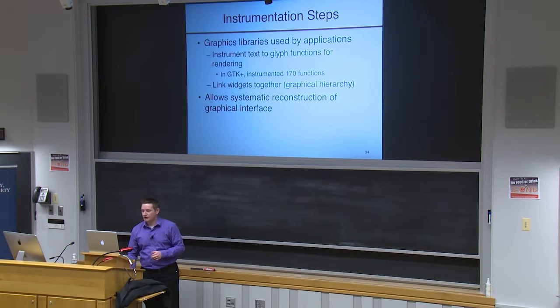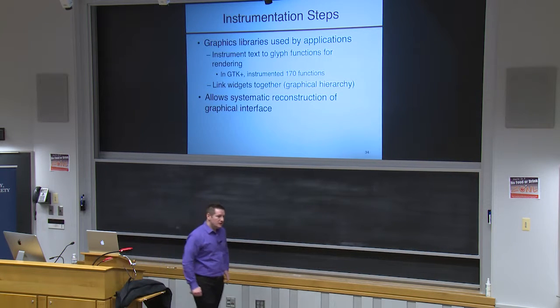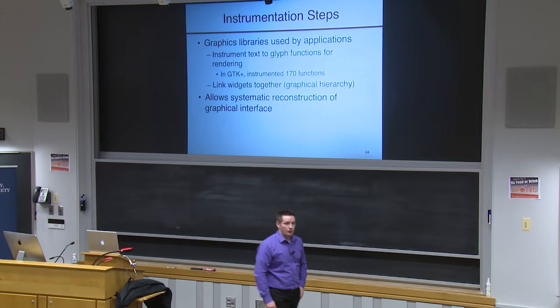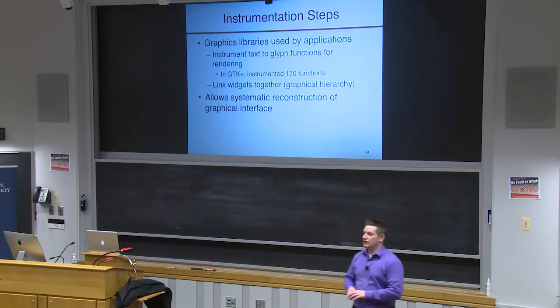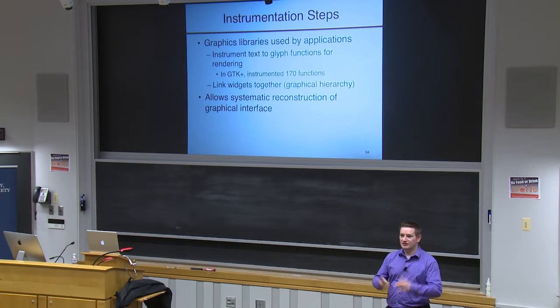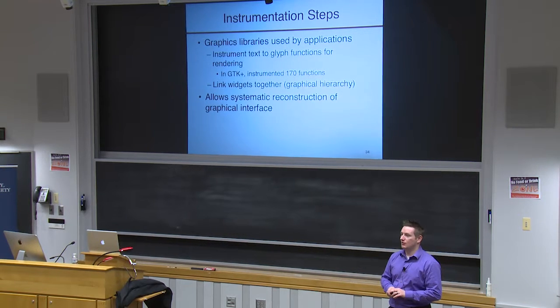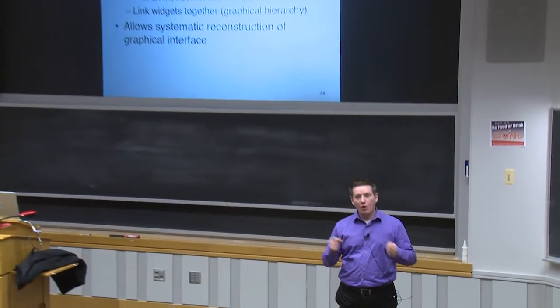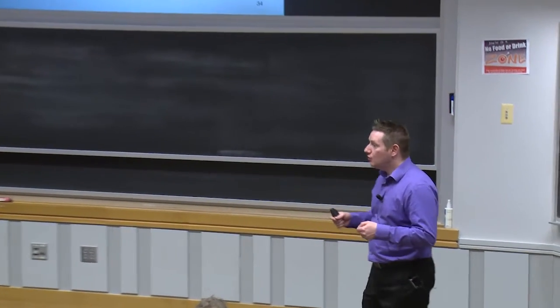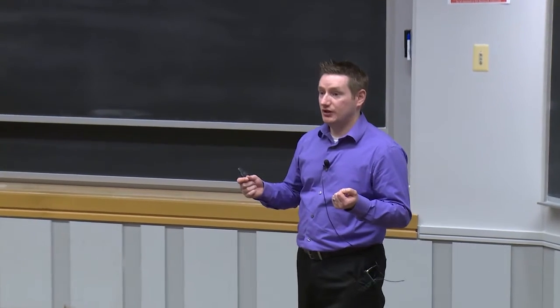So how do we go about doing that? The first thing that we instrument is actually the graphics toolkit, the library that is associated with creating windows and widgets. If you've used Java Swing before, it's equivalent to that. GTK is a way of doing that in the Linux operating system to create an interface. So we already know what functions you use to create visual elements on the screen.